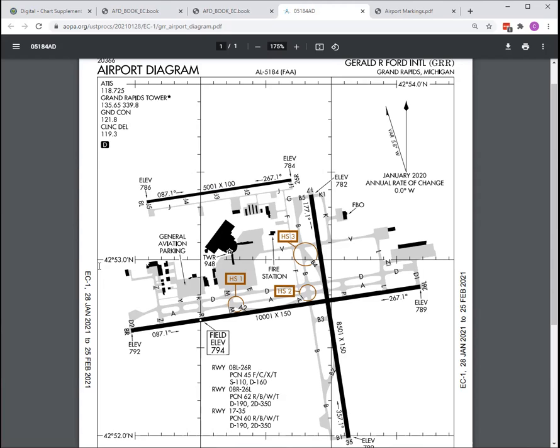So if you land, they might tell you taxi down to Juliet 4 and take a left, or maybe they'll tell you take off runway 26 right, Juliet 2, or something like that. So you can use those to identify points where the runway connects to the taxiway.